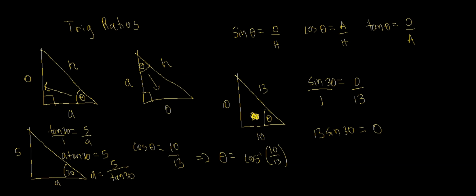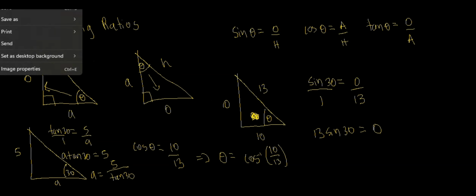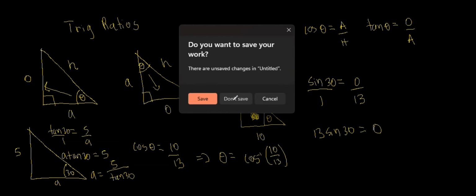For the ADDMATHS students now, you will need to do 3 more ratios. So for the ADDMATHS students, this part here is for the ADDMATHS students. So we need to know sine theta is opposite all over hypotenuse.